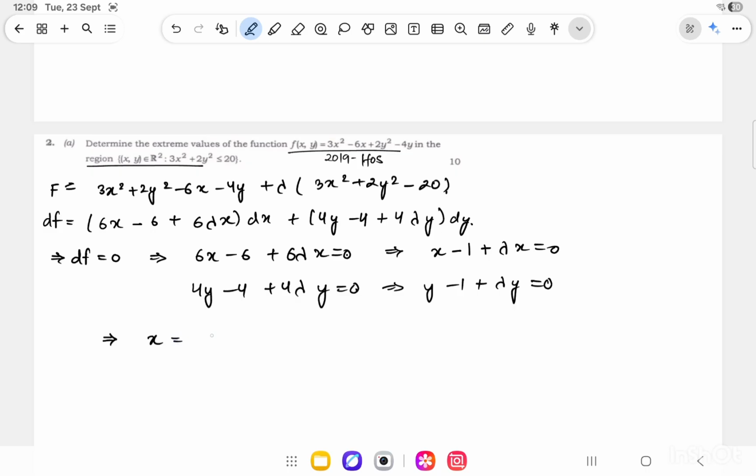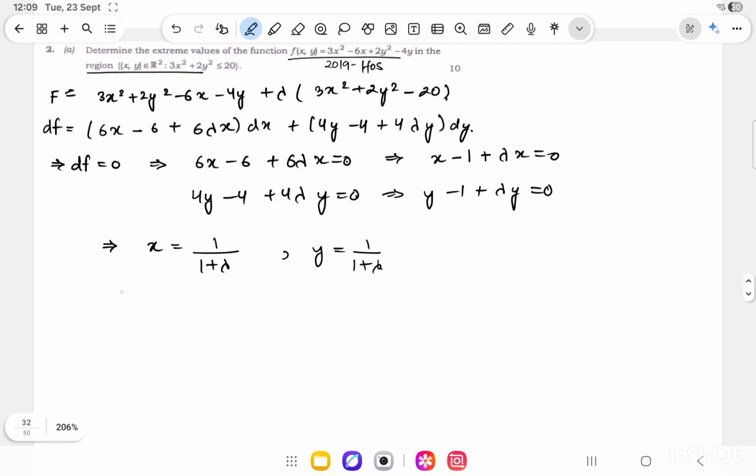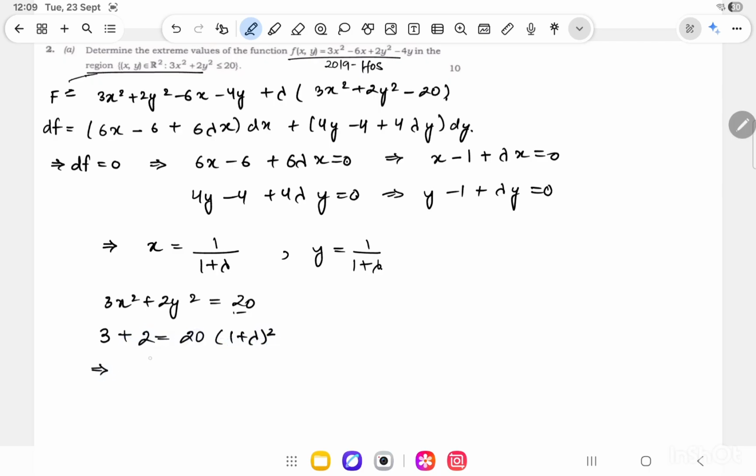So my x will be basically 1 by 1 plus lambda, and my y will be basically 1 by 1 plus lambda. And we have this relation, that 3x square plus 2y square equals 20 on the boundary of this region. That basically gives me 3 plus 2 equals 20 into 1 plus lambda square. If I solve it, I'll get 1 plus lambda square equals 1 by 4.